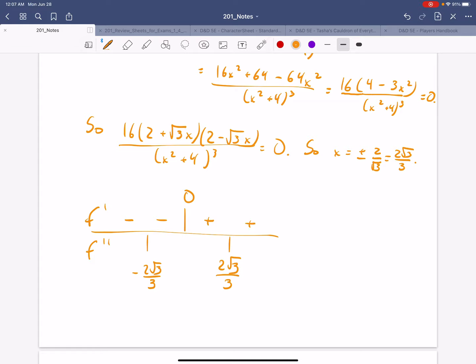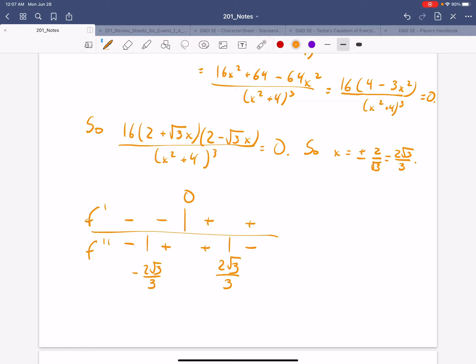Now let's see what happens with the second derivative. Be a little more careful. Plug in a negative number, like negative 10 or something. Top is clearly going to be negative. Bottom is always going to be positive, because you're squaring the number and then adding 4 and then cubing it. So we have negative here. Plugging in 0, we're getting positive there, and then you plug in another big number and you get a negative.